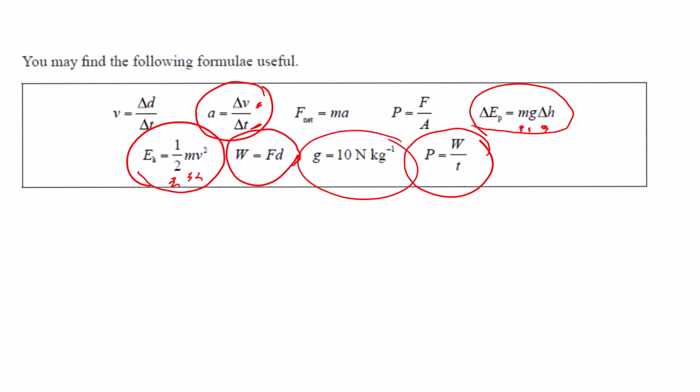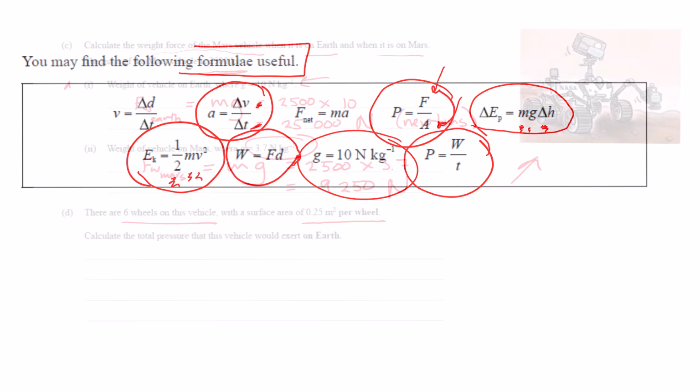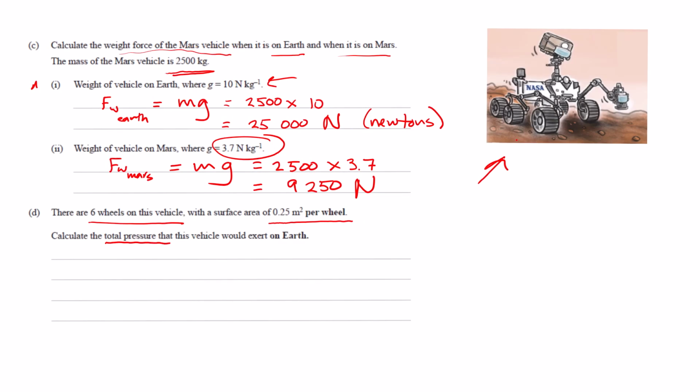And here are our formulae which we've been given, and we can see pressure is equal to force divided by area. Remember, there's 6 wheels. This is the area. So here is our formula.